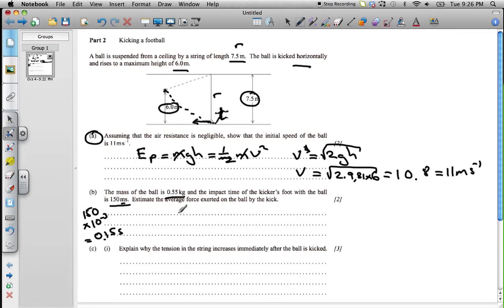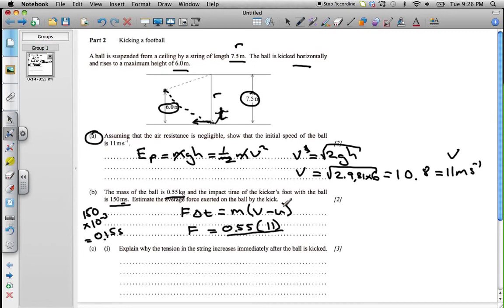So here we'll obviously use our impulse, that the F times the change of t is equal to your change in momentum, which is equal to m(v minus u). The ball was stationary to start, so your force is going to be 0.55 times 11, this over here, divided by the time.